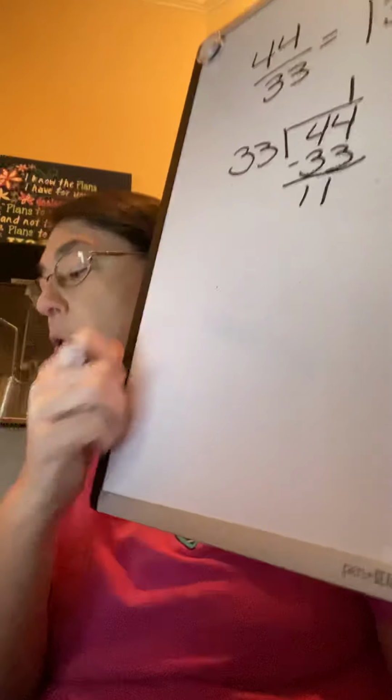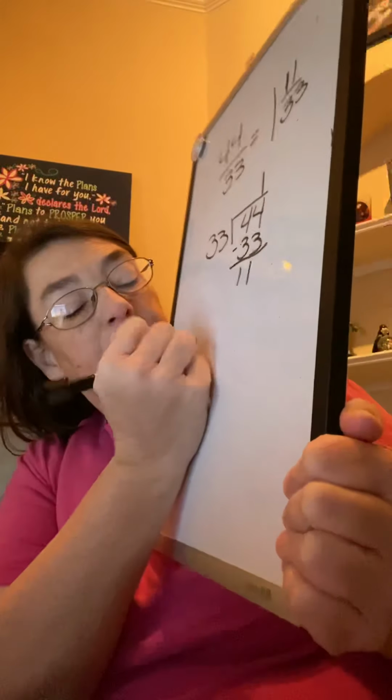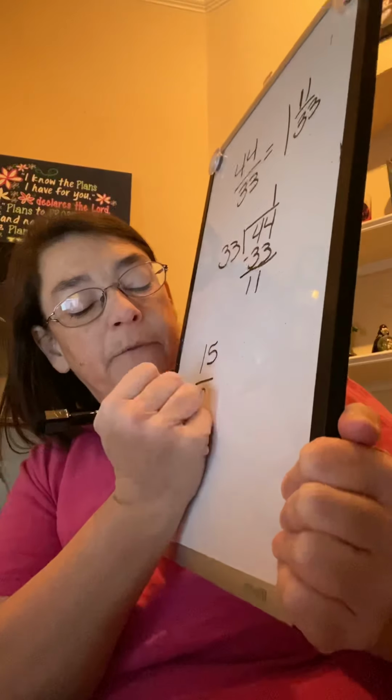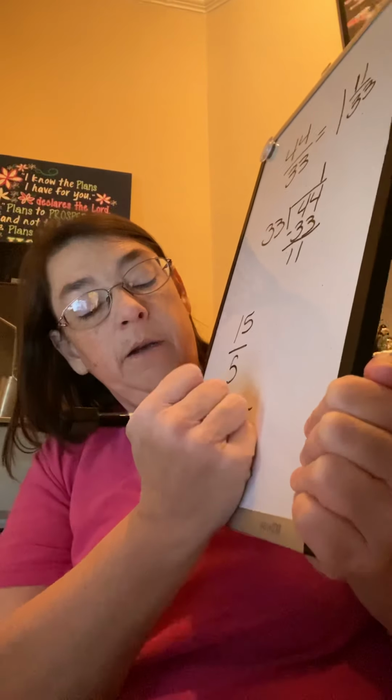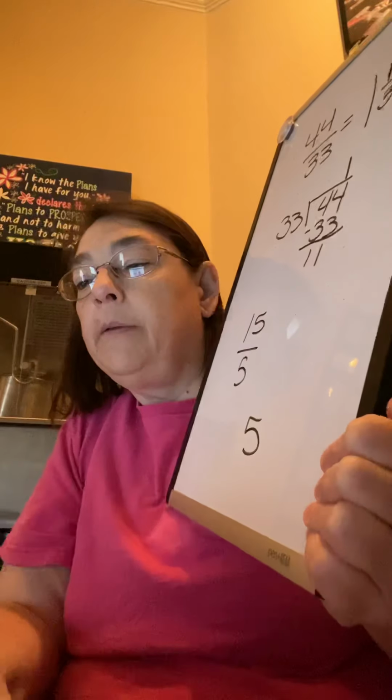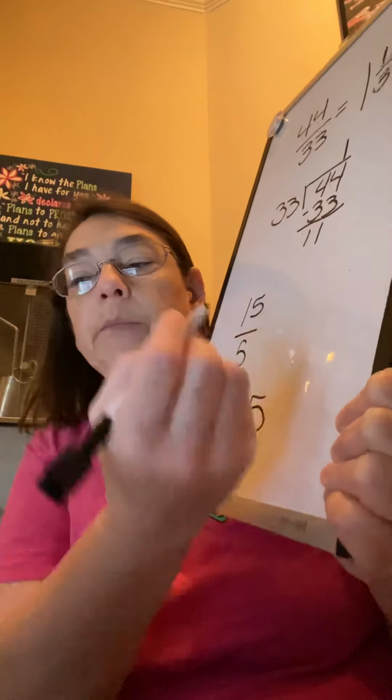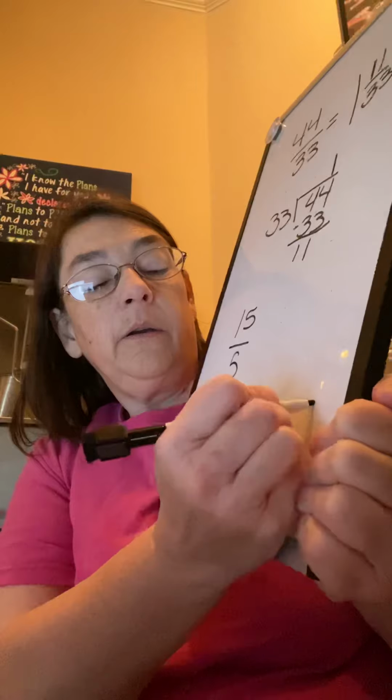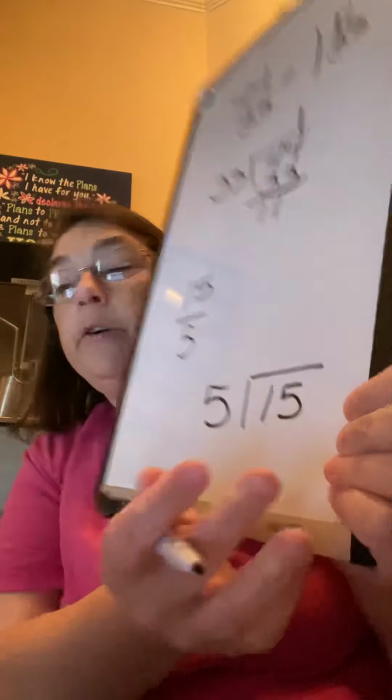All right, let's look at number 3. Number 3 says 15 over 5. Again, denominator, numerator.